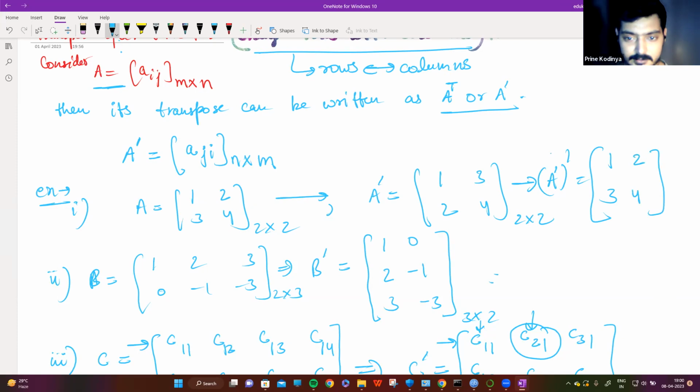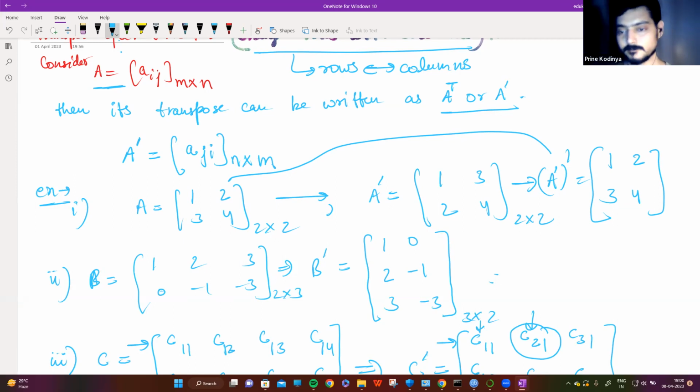Now this A dash dash is similar to A. What we are basically doing is taking transpose twice. First we change rows with columns, then again we change rows with columns. Basically, we are at the same position where we started. So A dash dash would be A again. Right? This is the first property.